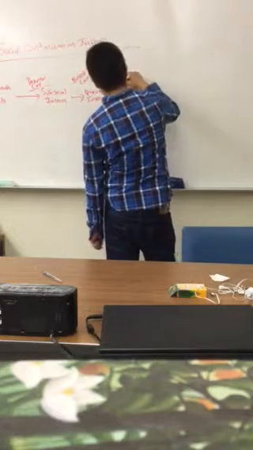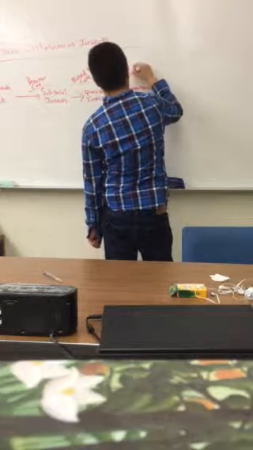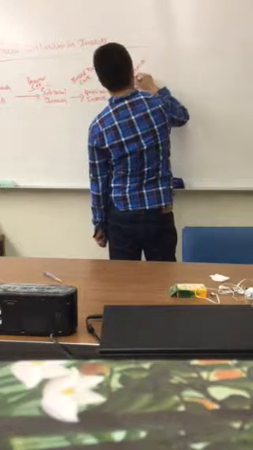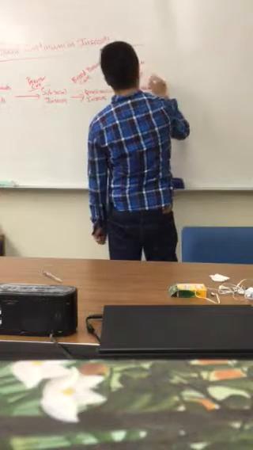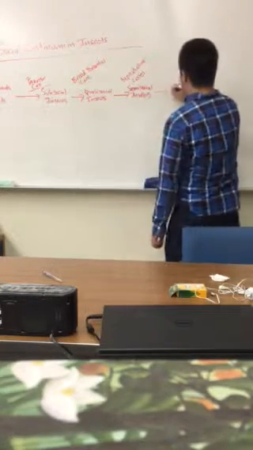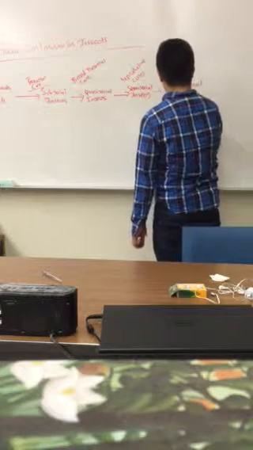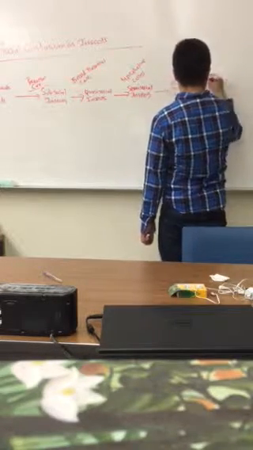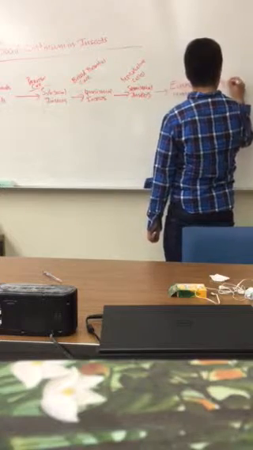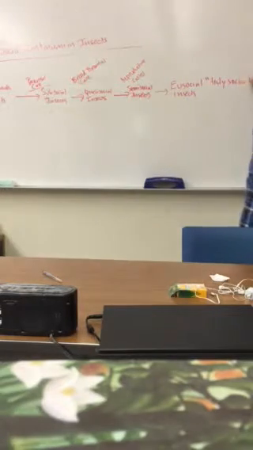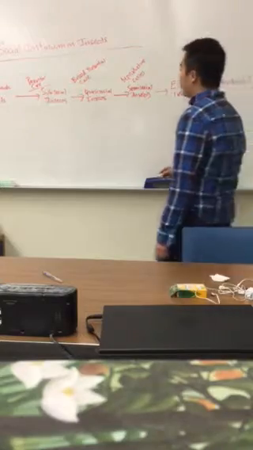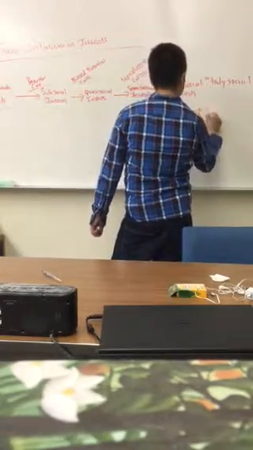And this requires reproductive castes. And then finally, you get to eusocial insects, or truly social insects. And therefore, this is the most social, where this is the least social.